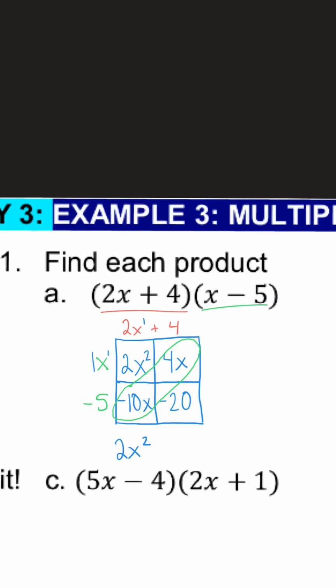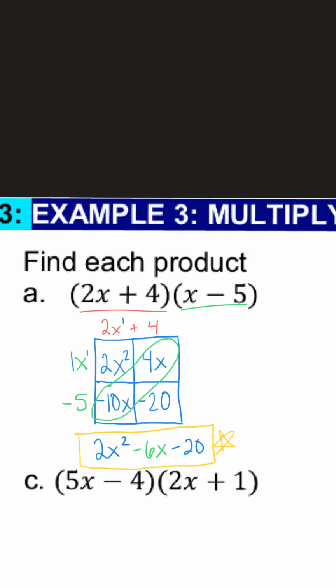So negative 10x plus 4x gives me negative 6x. And then I'm going to tack on that last box there, that minus 20. And that is my answer. That's the way I'm going to be doing it from now on in the videos.